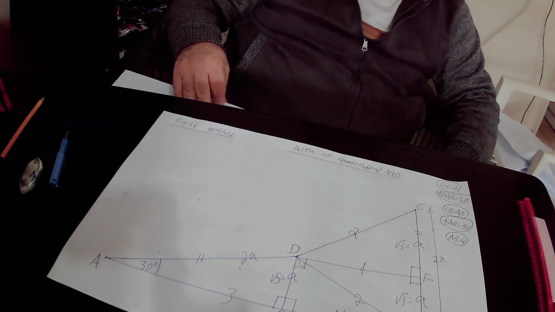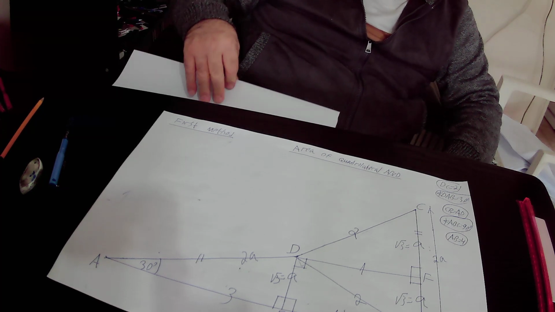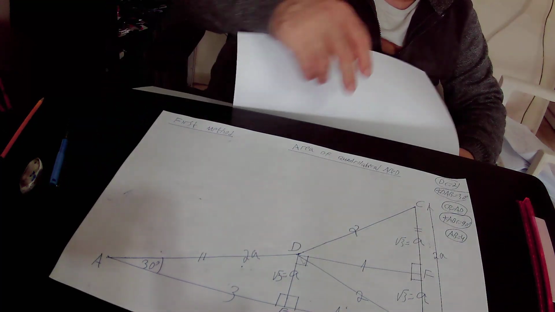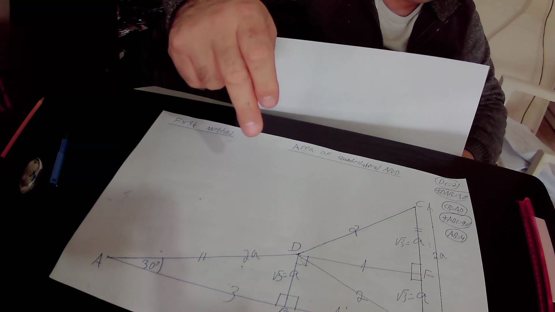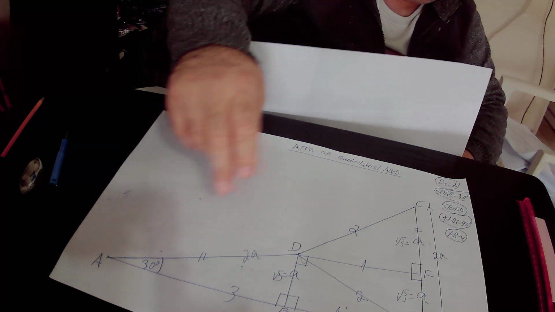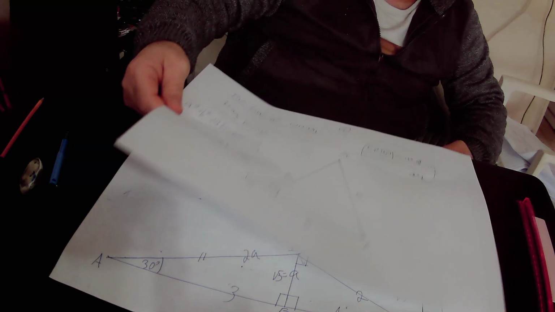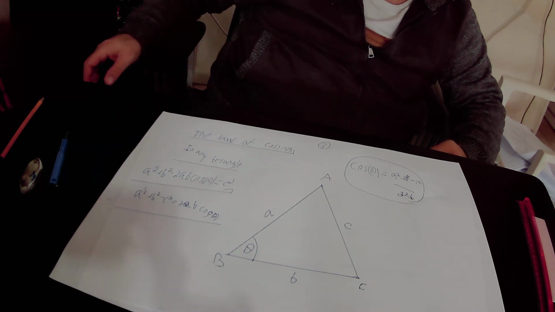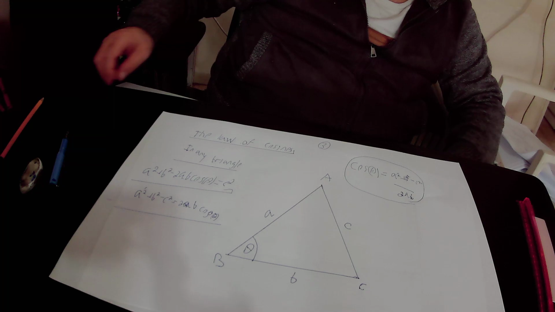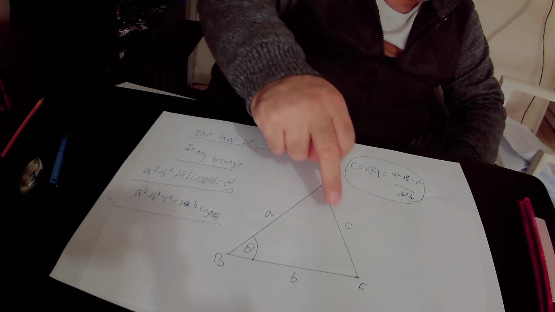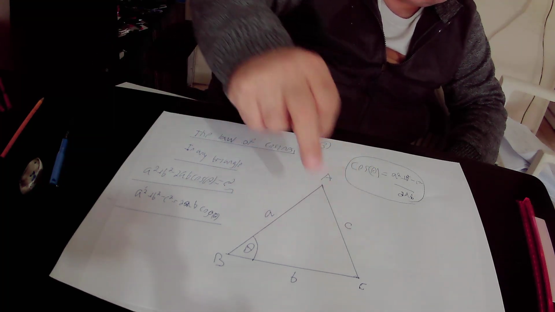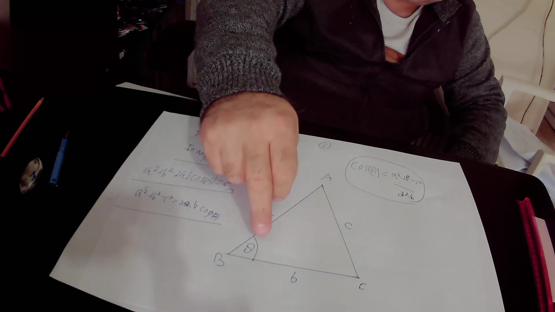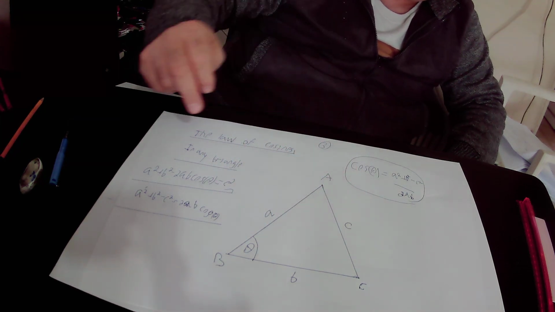Then I presented to you the law of cosines, and we implemented it in triangle DAB. What is the law of cosines? The law of cosines is true in any triangle. In any triangle, if AB equals A units, AC equals C units, and BC equals B units, then A squared plus B squared minus 2 times AB times cosine theta equals C squared.